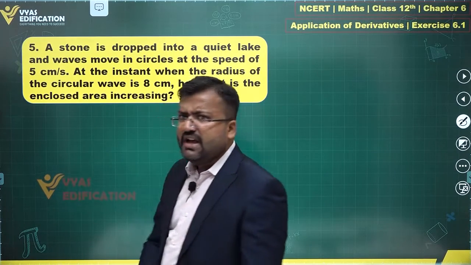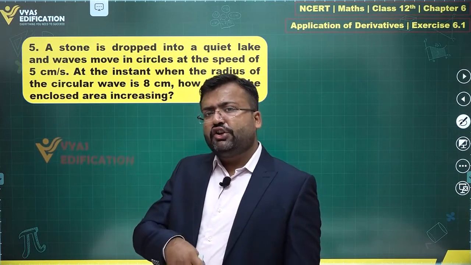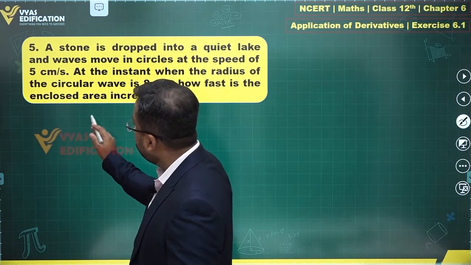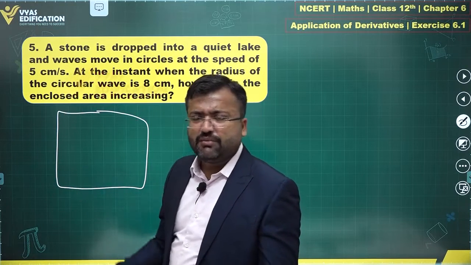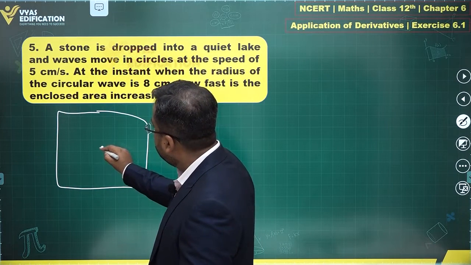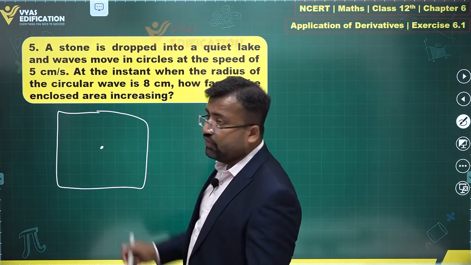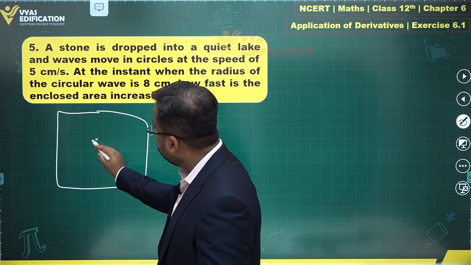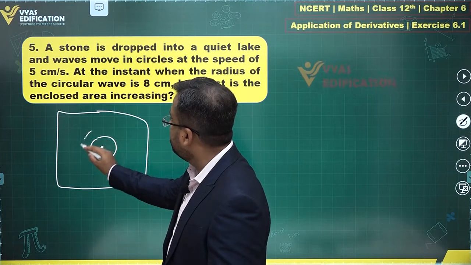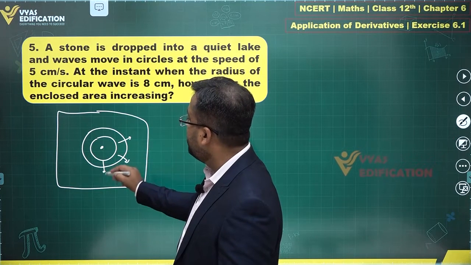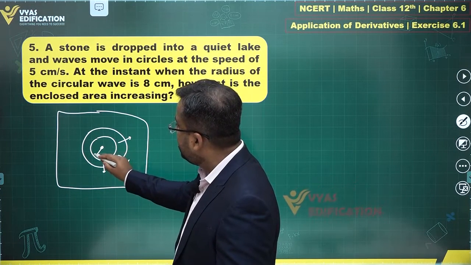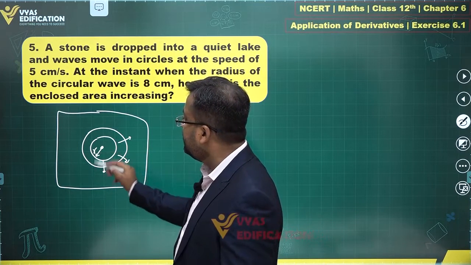What does that imply? Let's take a look at the lake from the top. Let's say this is a lake, some random shape of lake, and you drop a stone over here, so circular waves will be formed, and they will be moving out. This distance from the center is actually the radius.